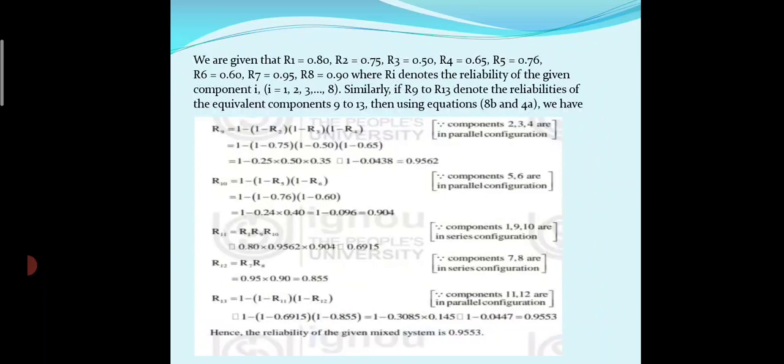We are given R1, R2, R3, R4, R5, R6, R7, R8 in the question, where Ri denotes the reliability of the given component and i is from 1 to 8.